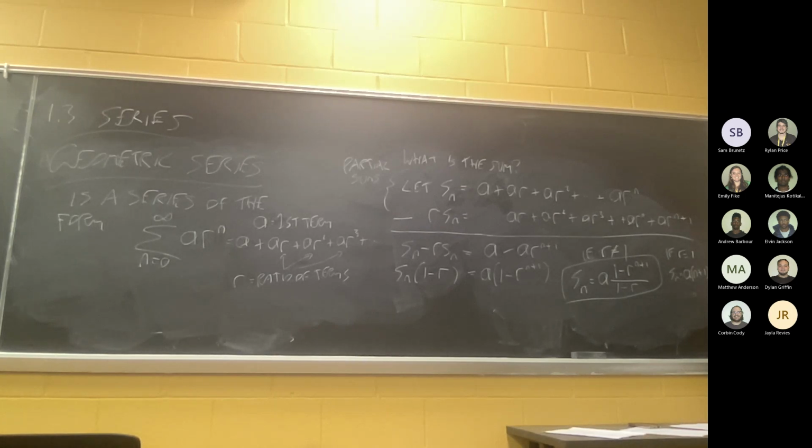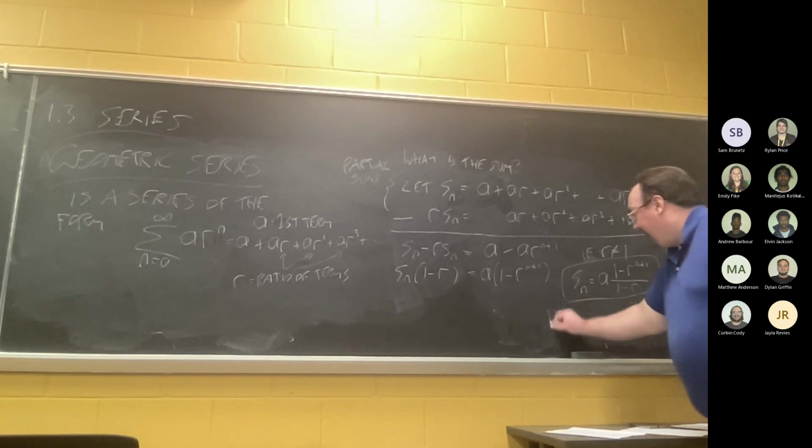It depends on the value of R. For example, if I set R equal to 2, the 2 to the n plus 1 is going to go up to infinity. Whereas if I set R equal to 1/2, it's going to shrink.